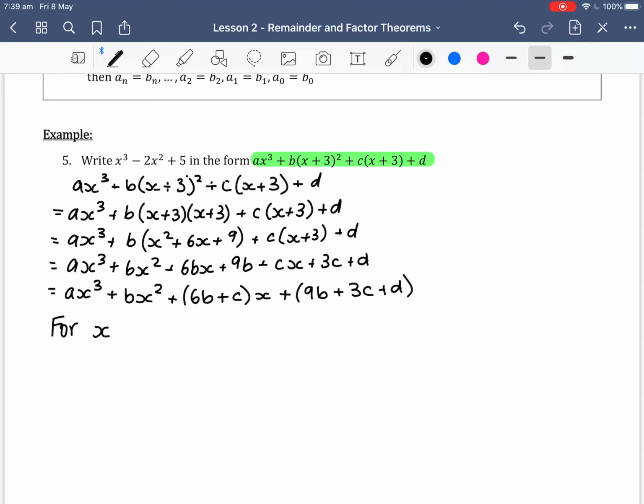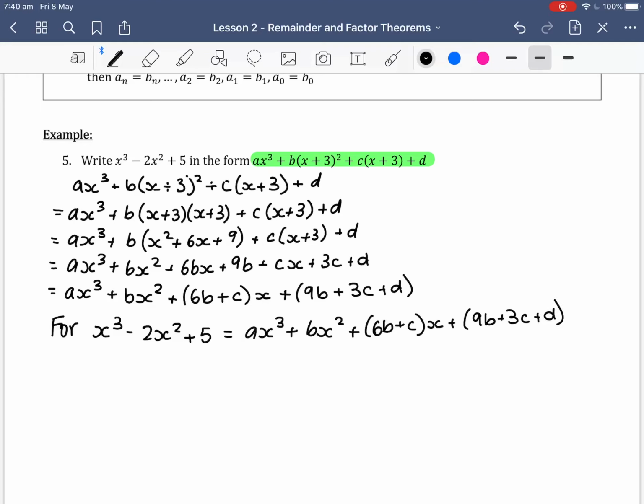So then for our equation x cubed minus 2x squared plus 5, this is equal to ax cubed plus bx squared plus (6b plus c)x plus our 9b plus 3c plus d.